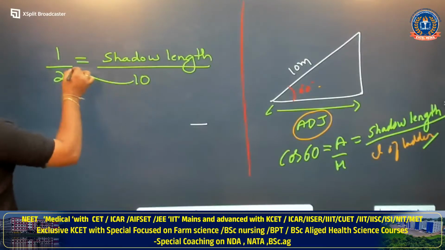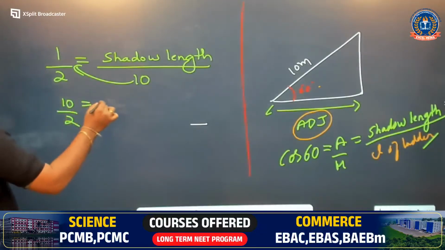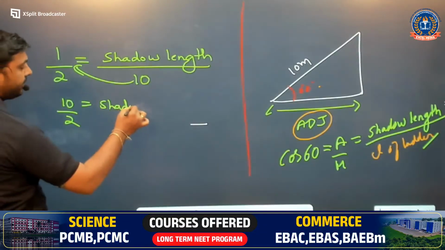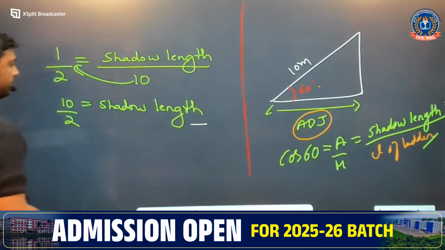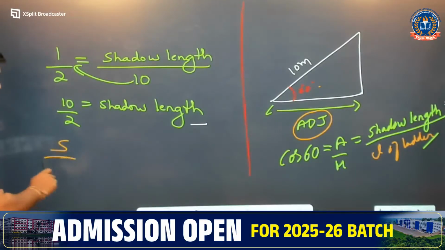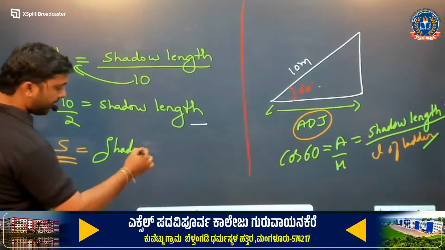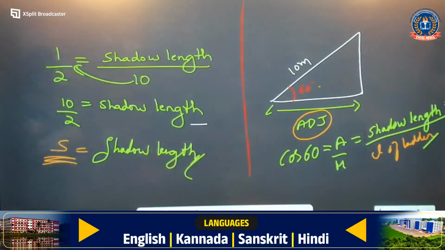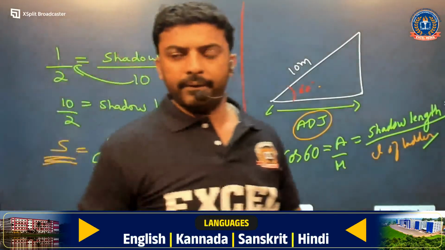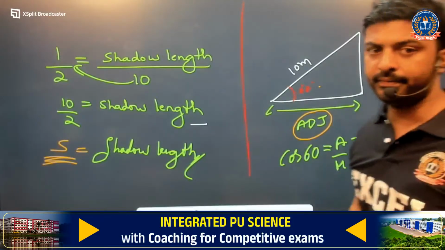This 10 went to this side. So 10 by 2. This will be our shadow length. So the answer is 5. Right?